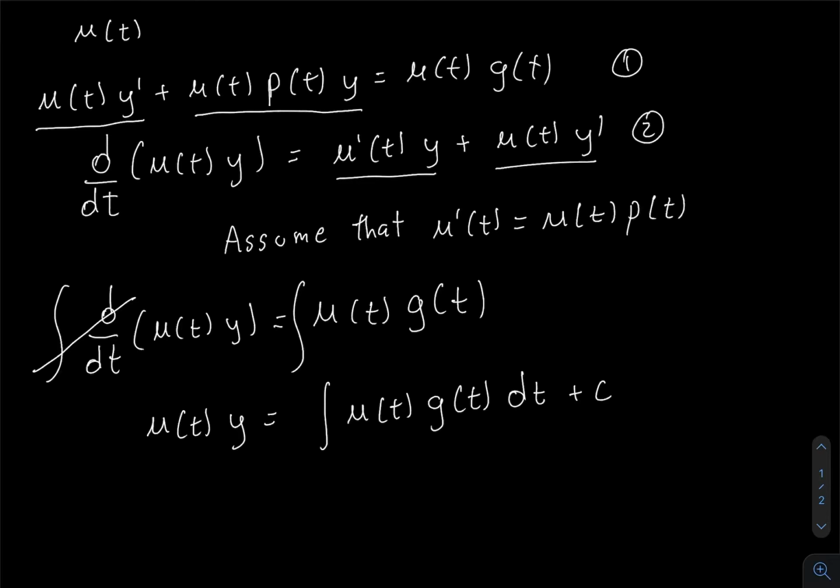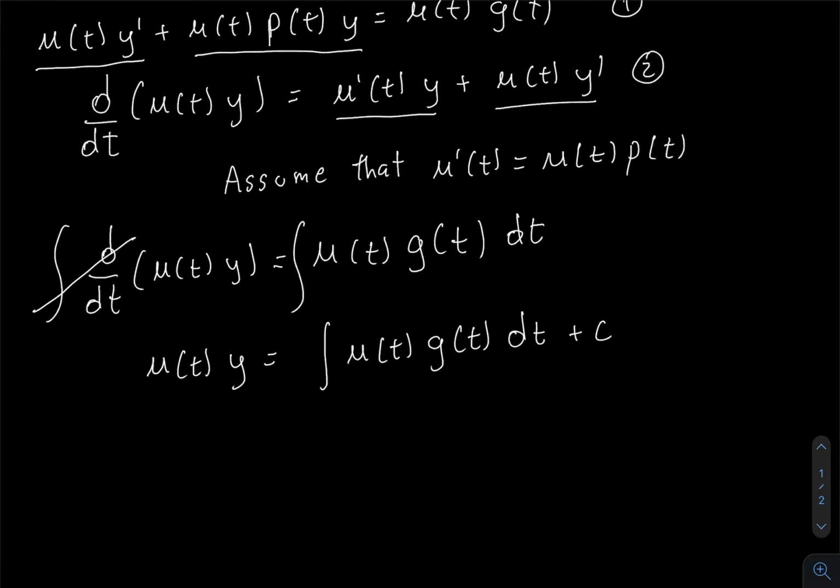Sorry about here, I should have put a dt here. Okay, so now we have that, so we can solve for y. So y will just be 1 over mu of t times the integral of mu of t g of t dt plus c.